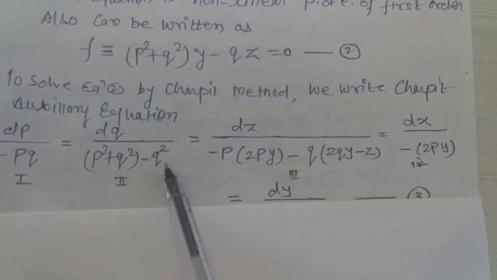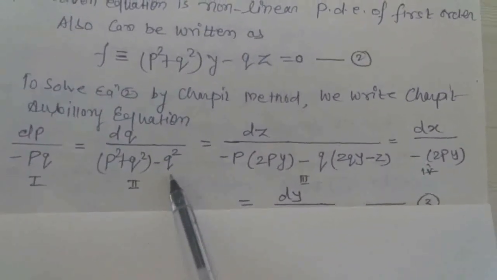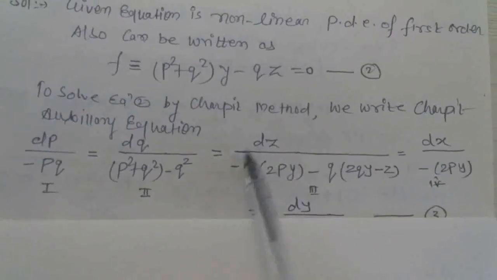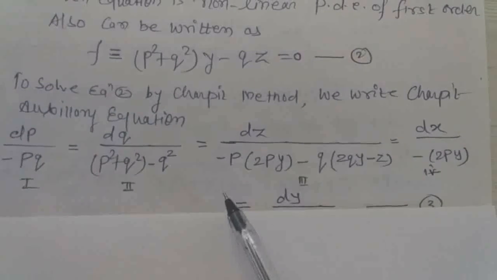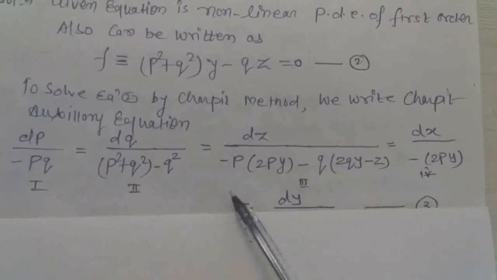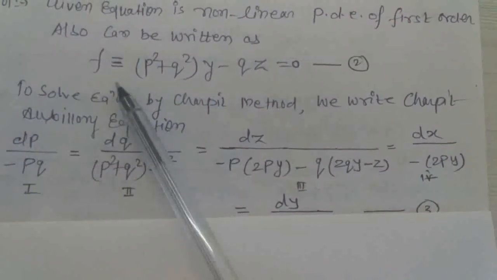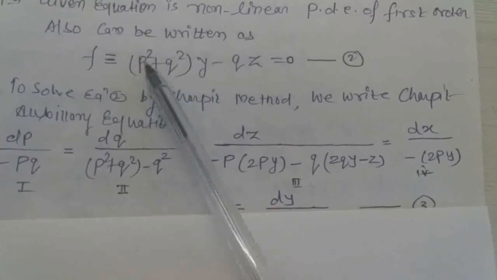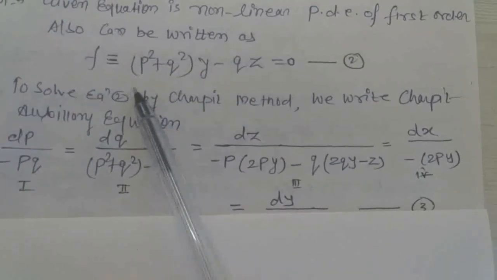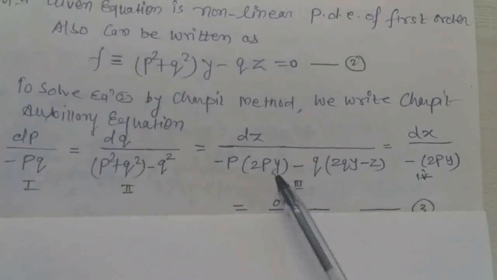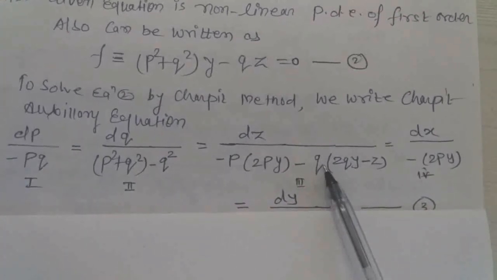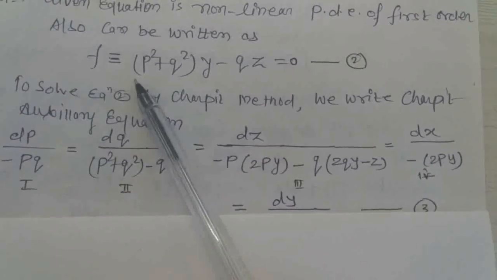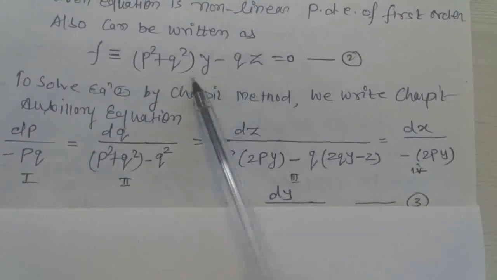So q into minus q, we get minus q square, equal to dz upon minus p del f by del p, the partial derivative of f with respect to p. So we get 2py, minus q del f by del q, the partial derivative of f with respect to q.